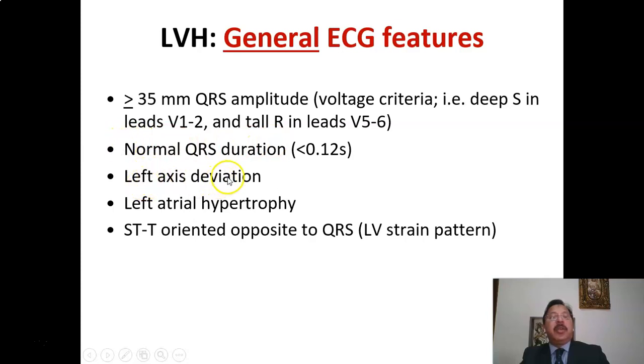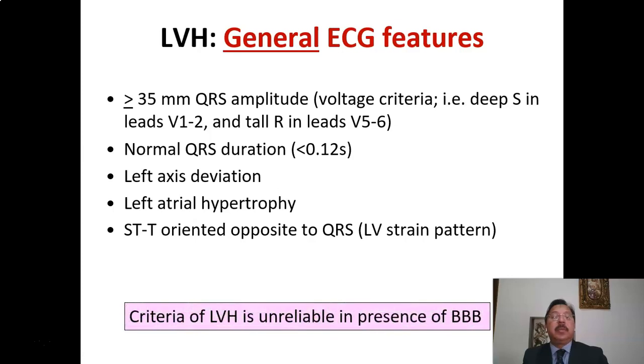There may be left axis deviation, there may be left atrial hypertrophy, and if it's long-standing hypertension, you may get ST segment and T wave changes that are oriented opposite to the QRS complexes. This is called the left ventricular strain pattern. We'll discuss it in coming slides. So again, the point which I was emphasizing: criteria of left ventricular hypertrophy are unreliable in presence of bundle branch block or wide QRS complexes.